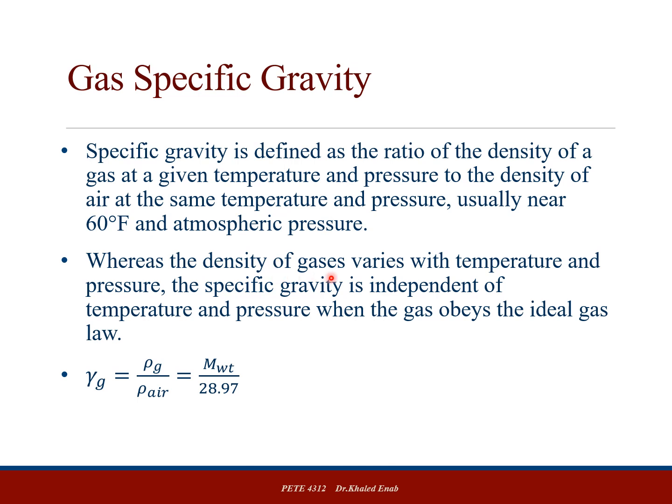Whereas the density of gases varies with temperature and pressure, specific gravity is independent, because the amount of change in the gas density is cancelled by the amount of change in the air density. So it's independent of temperature and pressure when the gas obeys the ideal gas law.